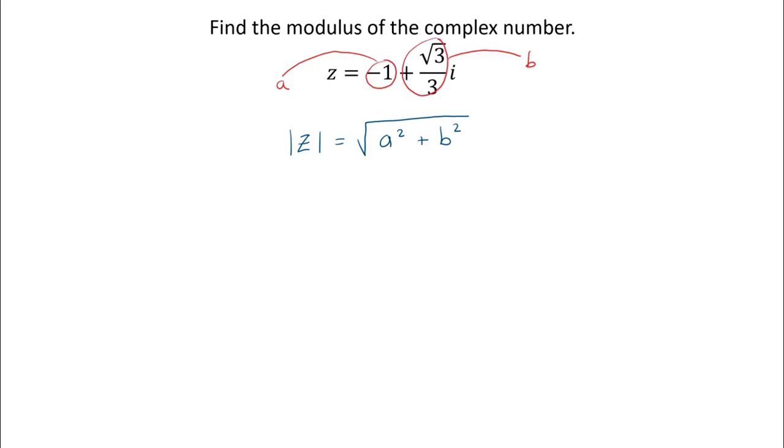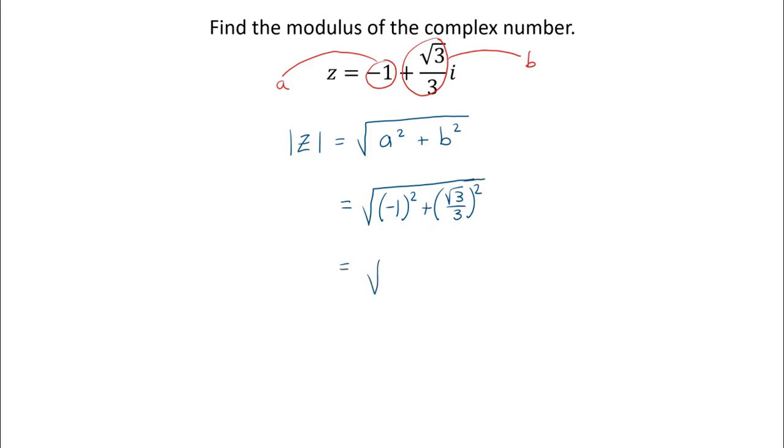That means our a, or our real number part, is -1, and our b, or the imaginary part, is square root of 3 over 3. So we have the square root of (-1) squared plus (square root of 3 over 3) squared.